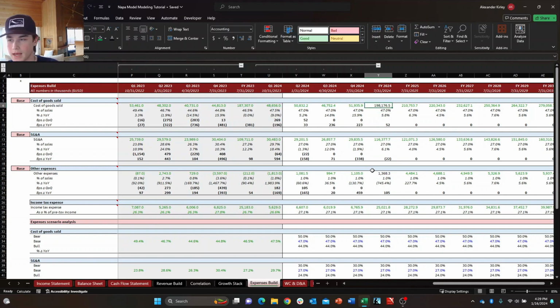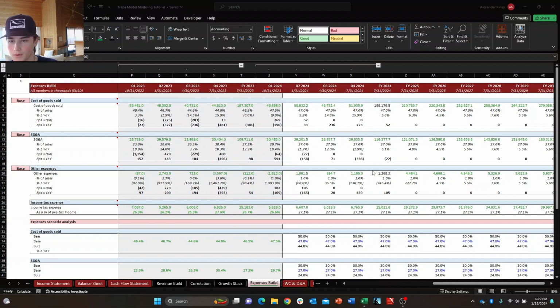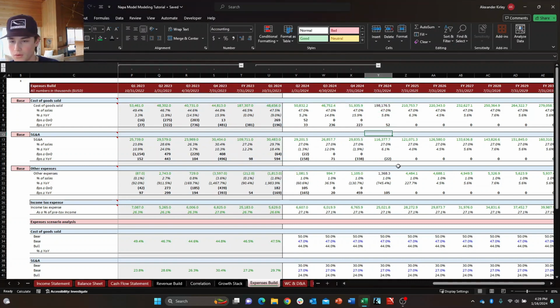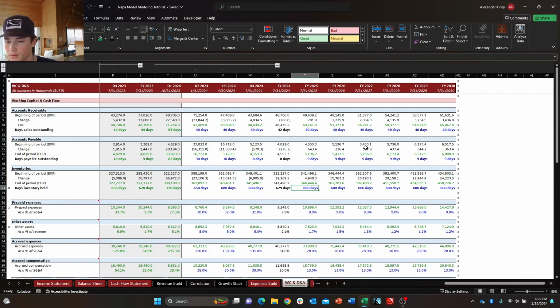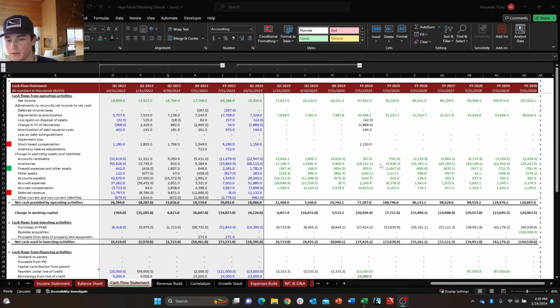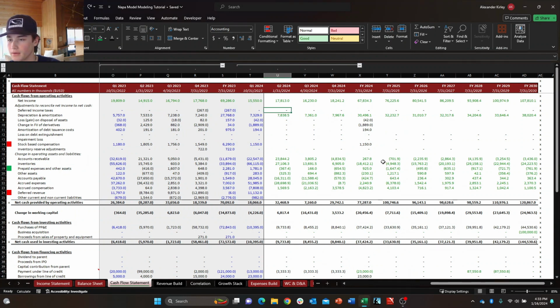Good, that should be black because that's a sum of the quarters. That's a sum of the quarters. Sum of the quarters, good. Sum of the quarters should be black. This is seemingly all right. So now on the balance sheet, we're just going to make sure things are okay here, right?